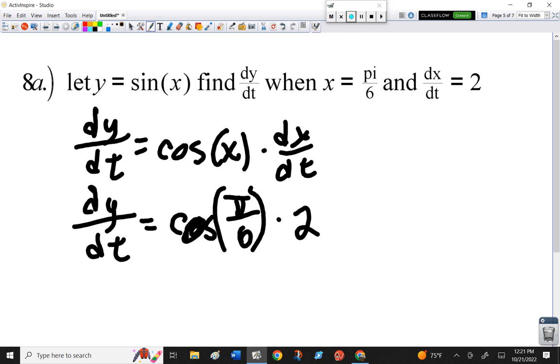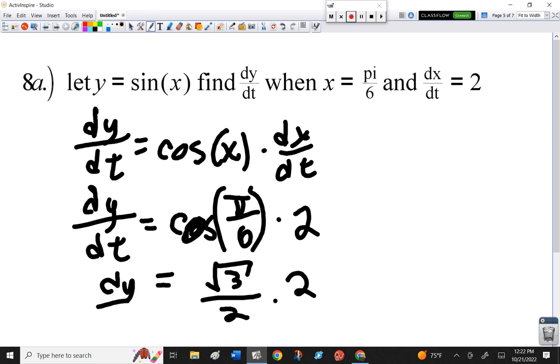I wish I had a trig chart. Oh, I do. And the cosine of pi over 6 turns out to be the square root of 3 over 2, times 2. That's what dy/dt is going to be equal to. Since I'm multiplying, these 2's do cancel out, and the final answer for dy/dt is just the square root of 3.